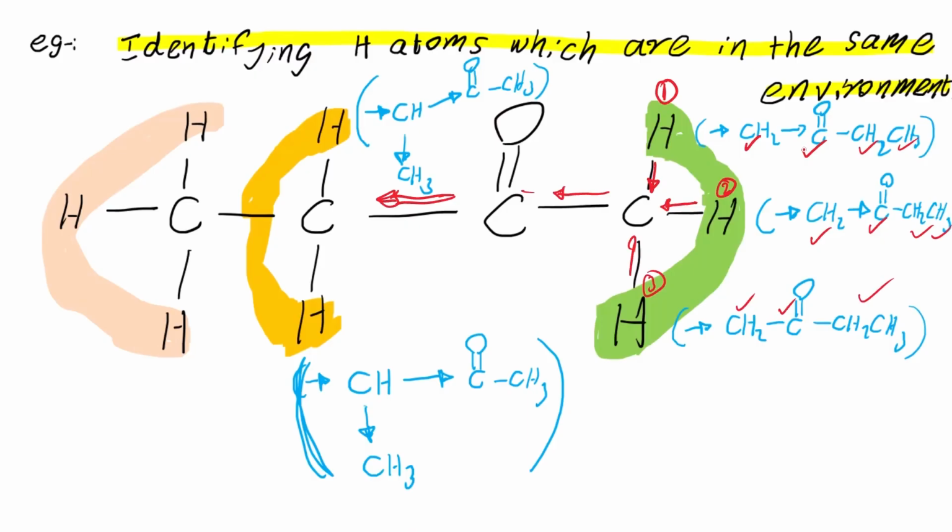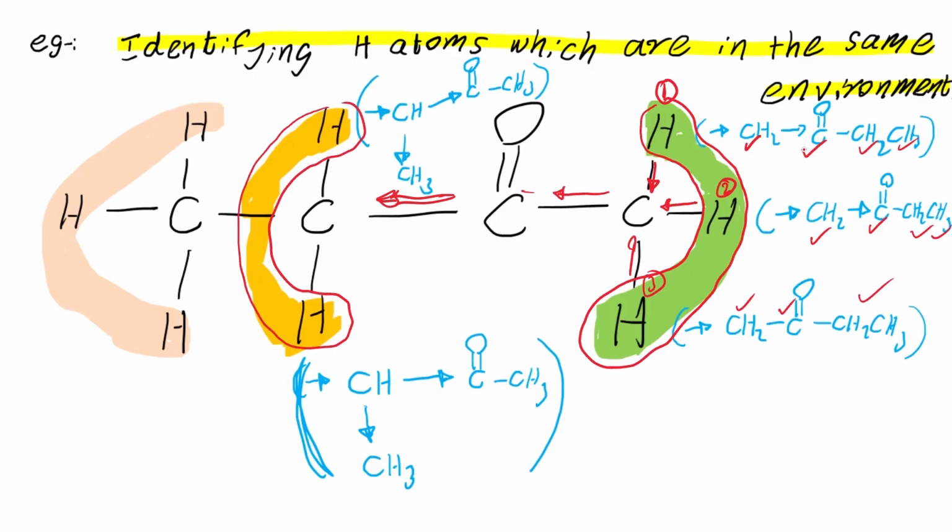So I can see that all these three environments are the same: CH2, CO, CH2, CH3. Therefore, I can assume all these three hydrogen atoms are in the same environment. Same thing I can do for this other one. Then I can see that these two hydrogen atoms are in the same environment, and these three hydrogen atoms are in the same environment. So this molecule has three types of hydrogen.